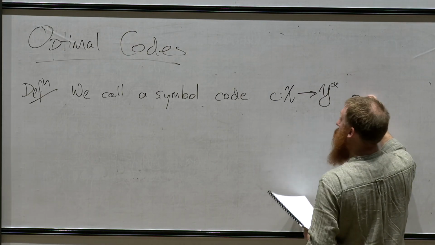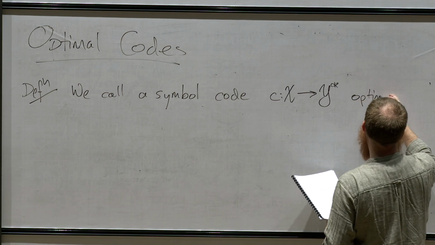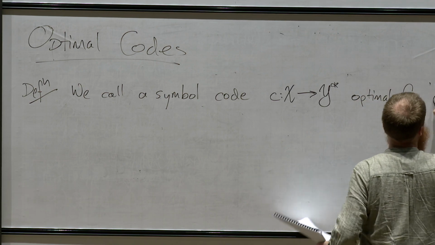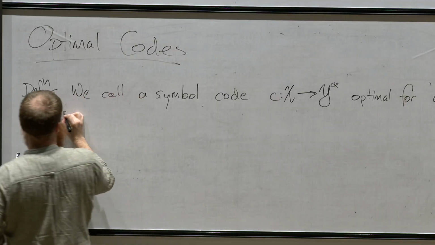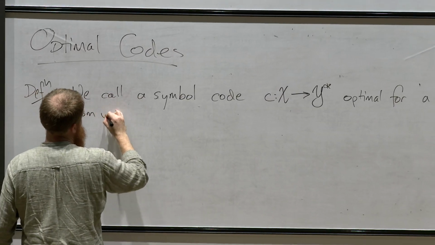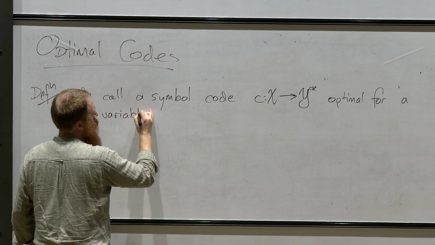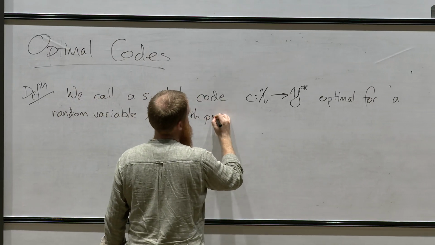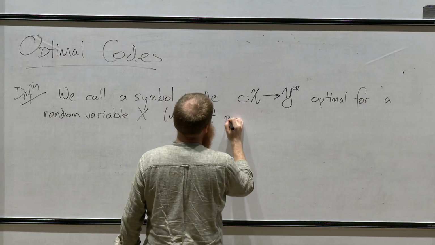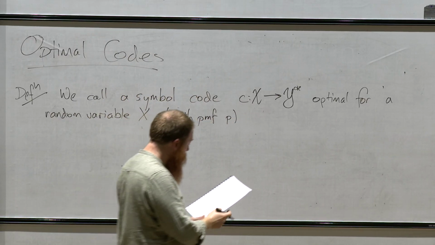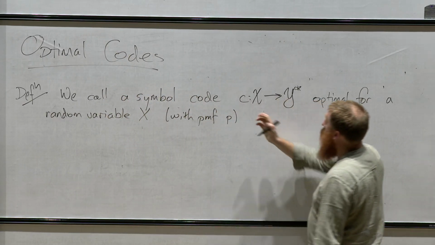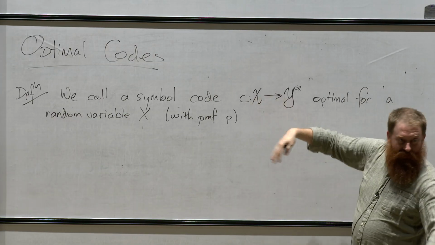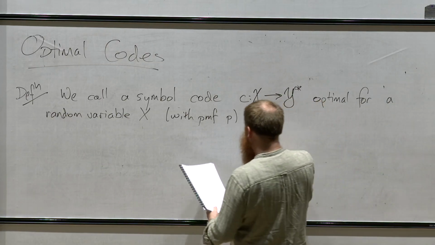We call this optimal for a random variable X with probability mass function P, but we're not going to explicitly write that down. Where X is a finite set, Y is a finite set, etc., the usual setup.